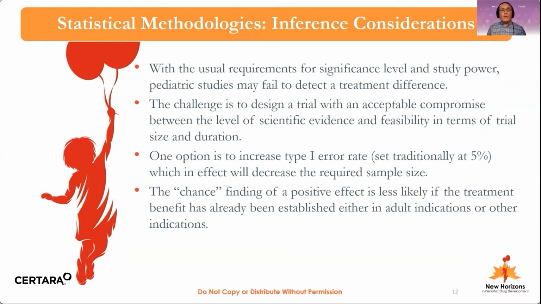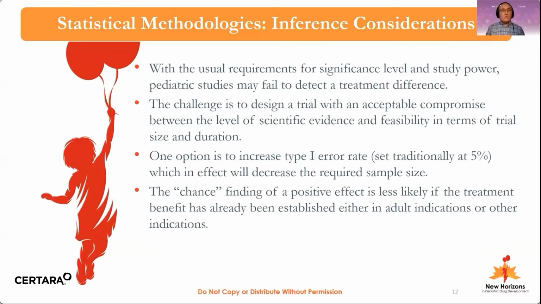As always, it is all about finding a compromise. Can we lower the bar when it comes to the type 1 error rate? Instead of looking at the traditional 5% rate, can we look at a more relaxed rate, since that would decrease the sample size and help the feasibility of running the trial in pediatrics? Well, that depends on the type of study at hand in general.